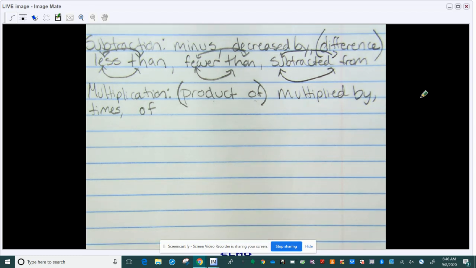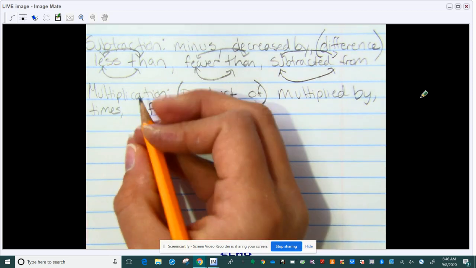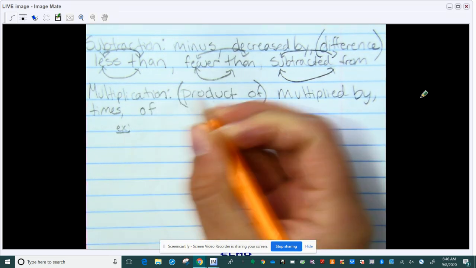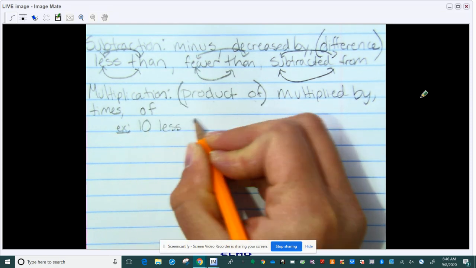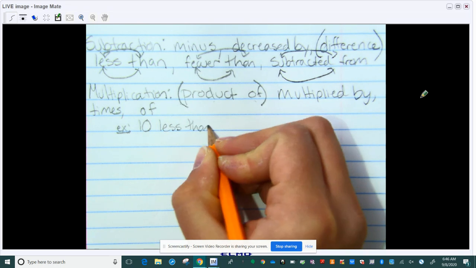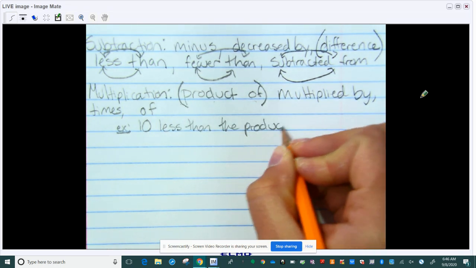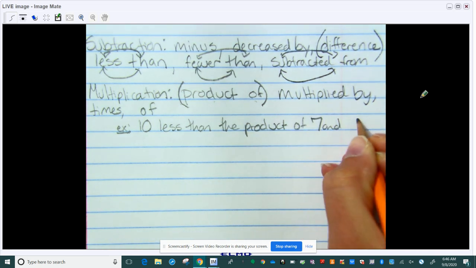So I'm going to show you an example before we get to division that combines both multiplication and subtraction. So we have another example here. So we have 10 less than the product of 7 and F.